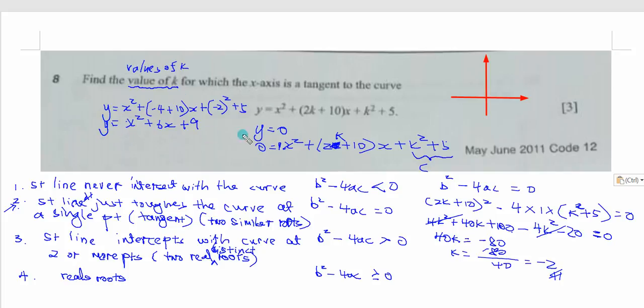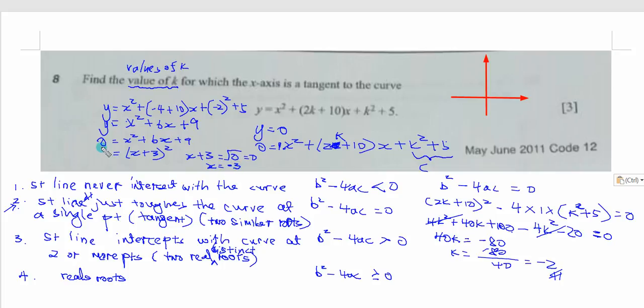So if you put y equal to 0, you get x squared plus 6x plus 9. You can actually write (x plus 3) square. Okay. So from here, the square root of x plus 3 equal to 0. Square root of 0 will still give you 0. So x is equal to minus 3.